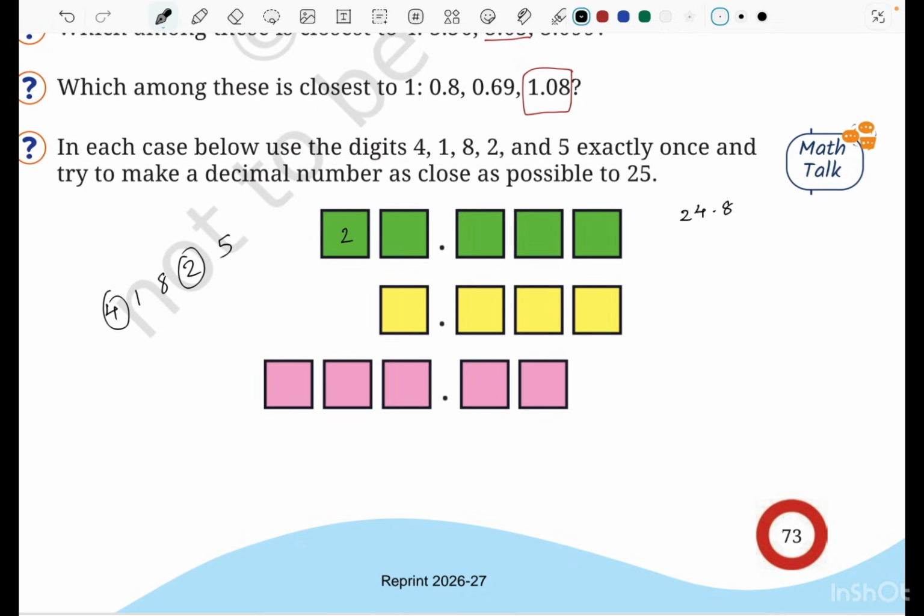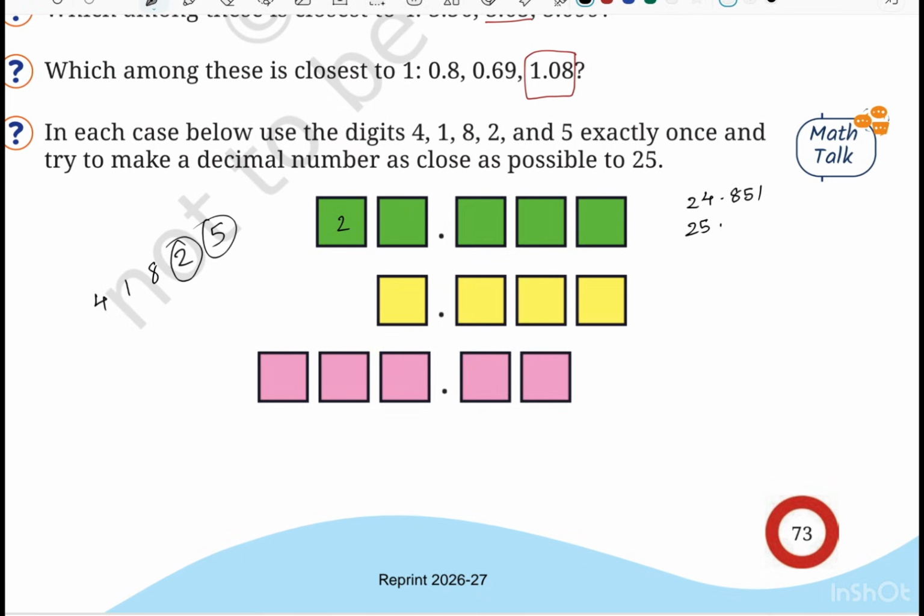So the number which is closest to 25 will be 24.851, or we can write 25 point, the smaller number from 418 which is 148. So we have got two numbers. We don't know which number is closest to 25. 0.148 is the difference between 25.148 and 25.